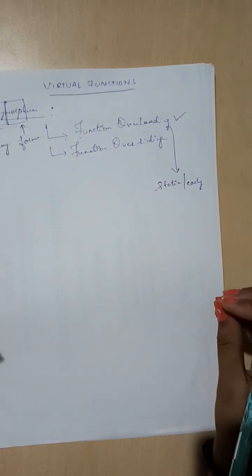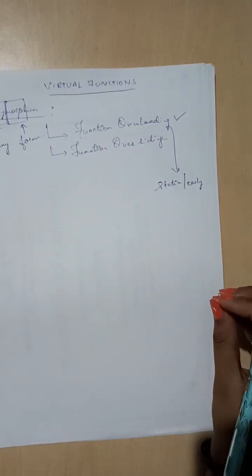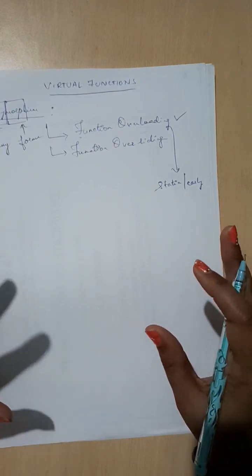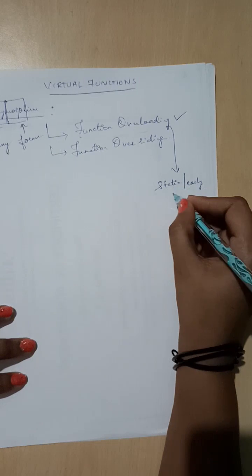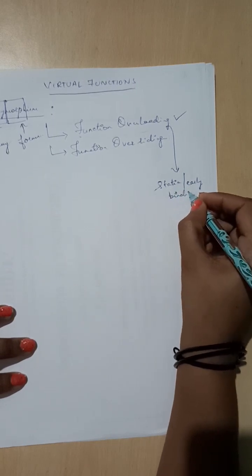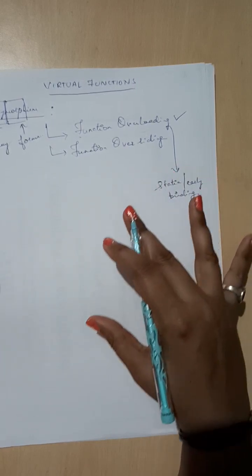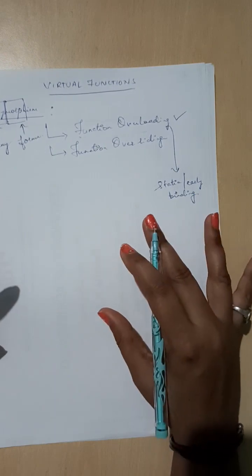So this concept is called as early binding because the binding happens during the compile time. And it is also called as compile time polymorphism.